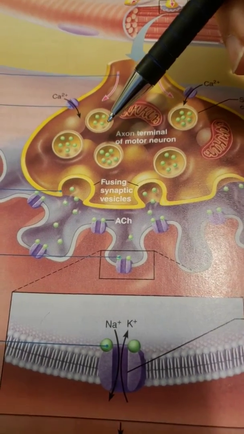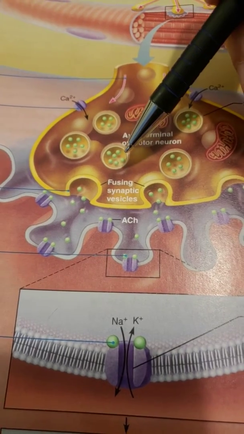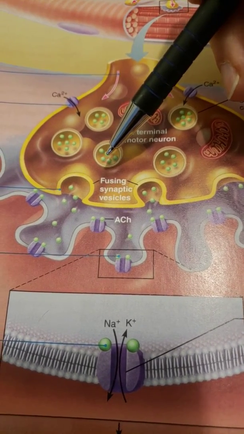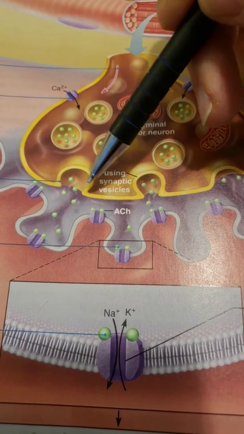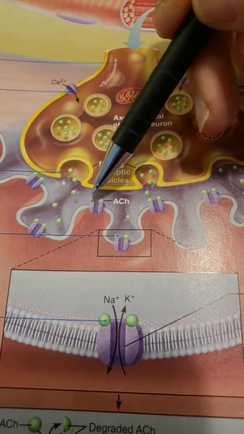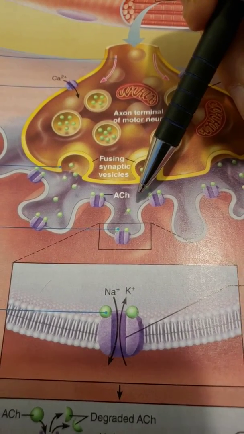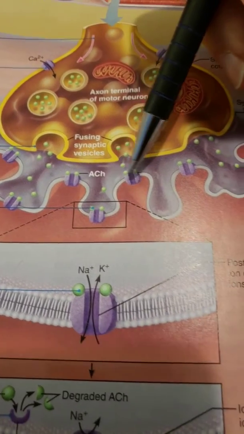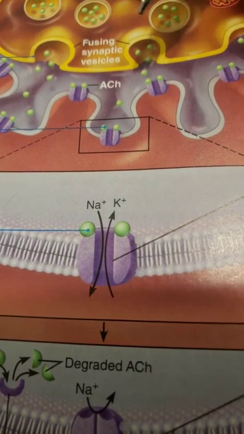The influx of calcium triggers synaptic vesicles in the axon terminal containing acetylcholine to fuse their membranes with the membrane of the axon terminal, allowing acetylcholine to be released and diffuse in the synaptic cleft. From there, it will bind to acetylcholine receptors.